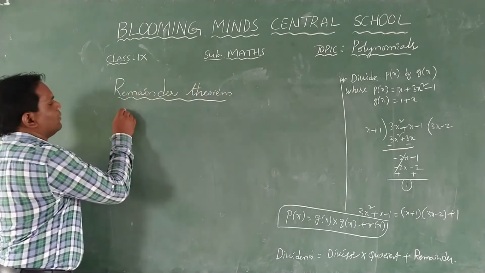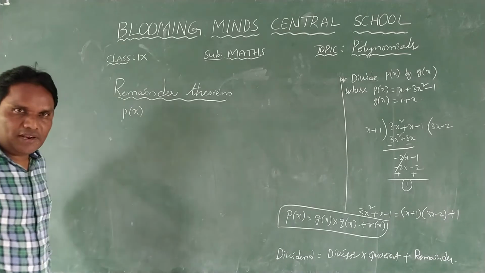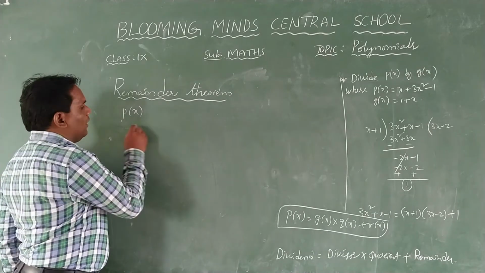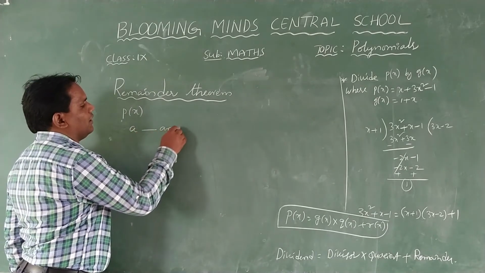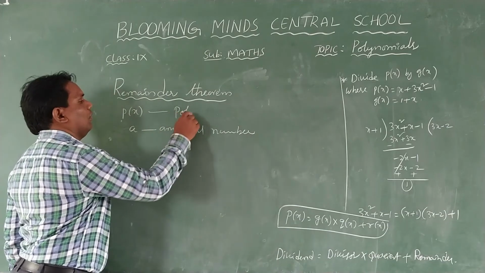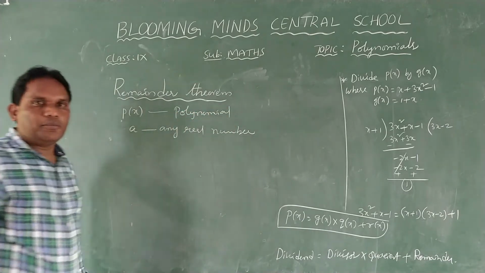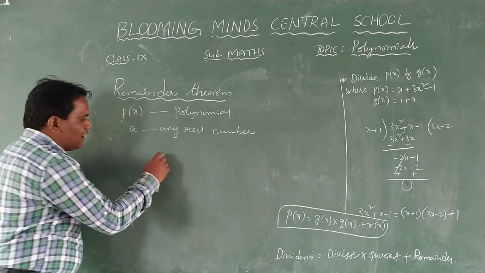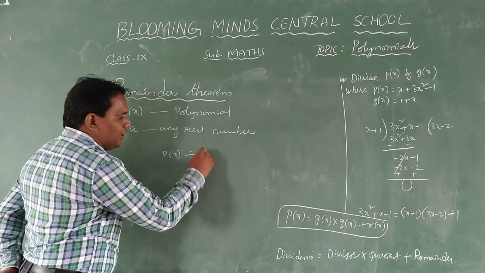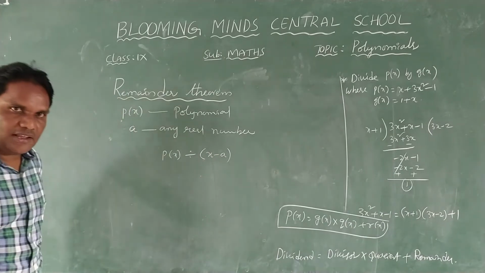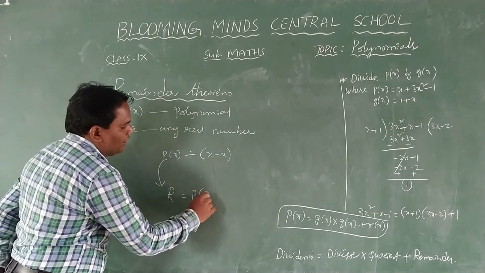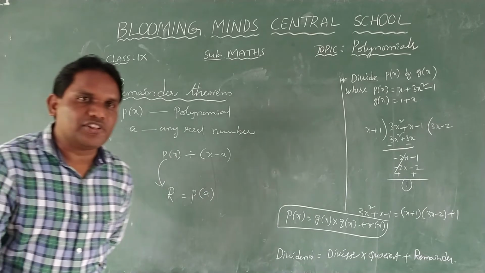Once again, let P of x be any polynomial with degree greater than or equal to 1, and a be any real number, then when P of x is divided by any linear polynomial like x minus a, the remainder is equal to P of a. That is called the remainder theorem.